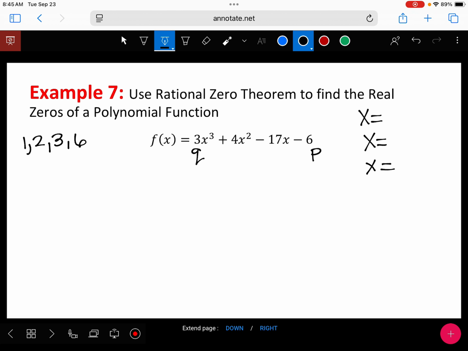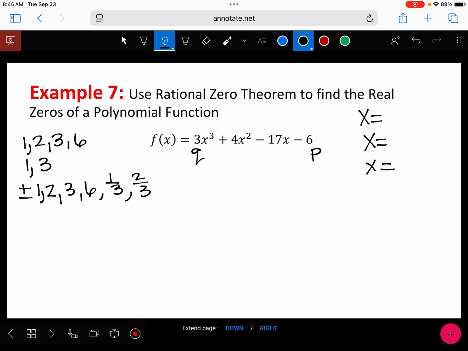I need to divide that by 1 and 3. So that's going to give me plus or minus 1, 2, 3, 6. And then I have 1 over 3, which is new, 2 over 3, which is new, 3 over 3, which is 1, and 6 over 3, which is 2, and we already have that. So these are my possible roots.